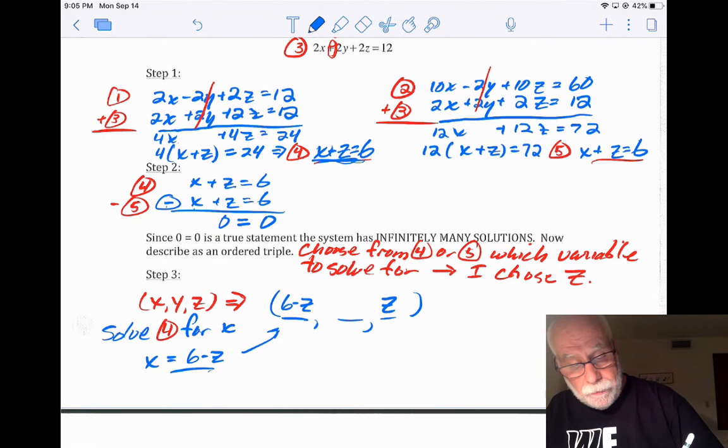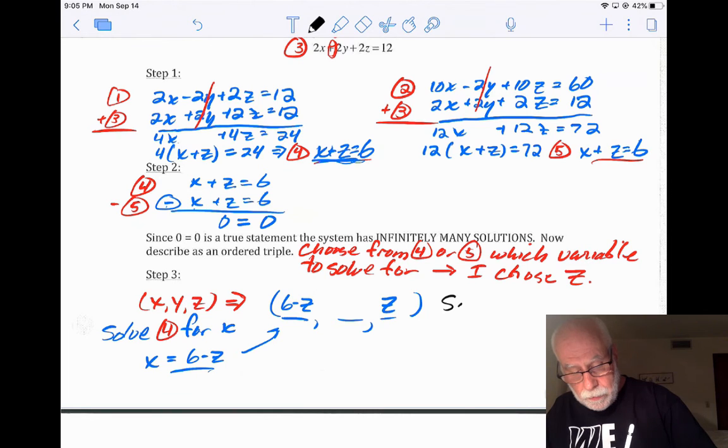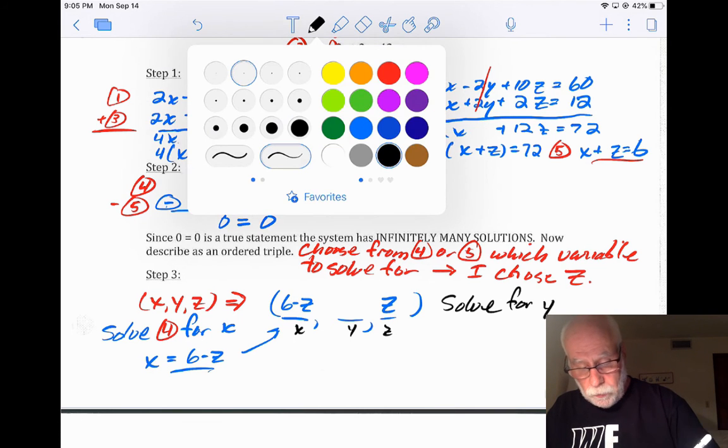And then finally, you're going to solve. Again, choose one of the three original equations. So I said solve for y, because that's the only one that's left. Remember, here's your x, here's your y, here's your z. We have to figure out what y is. So I said solve for y, and in this case, I chose 1.